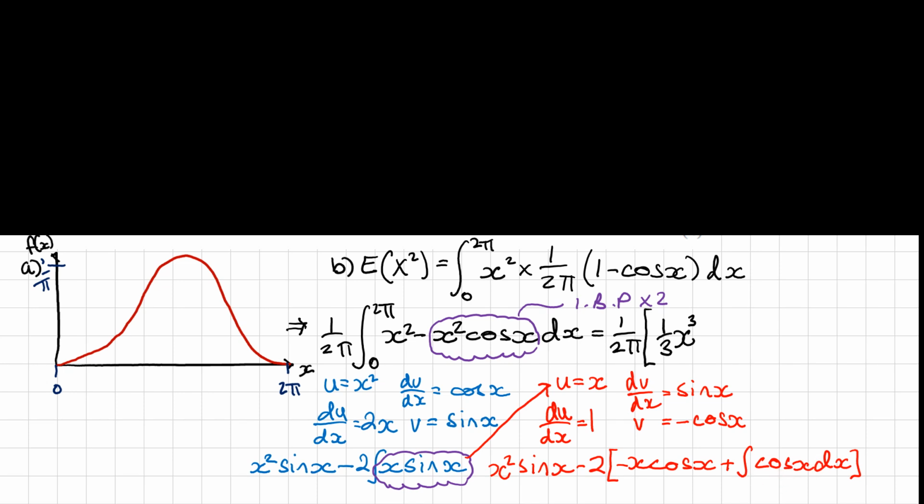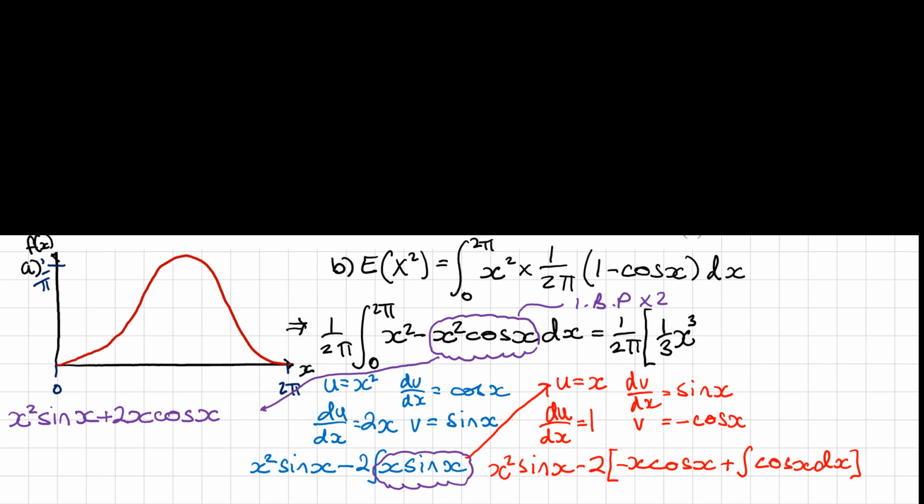So let me write down the full result of doing integration by parts twice on this. Let's work it out and then simplify as we can. So x squared sine x. Okay, so that's this bit, and then I'll expand and simplify as I go. And then negative 2 times this, so this will give me plus 2x cos x.